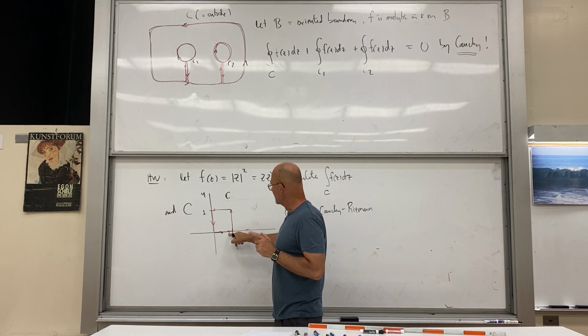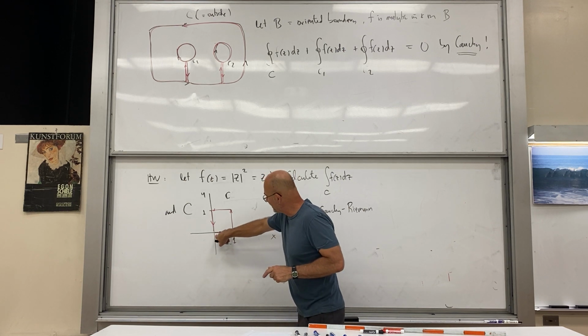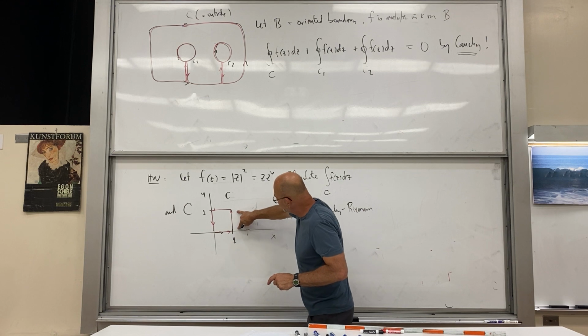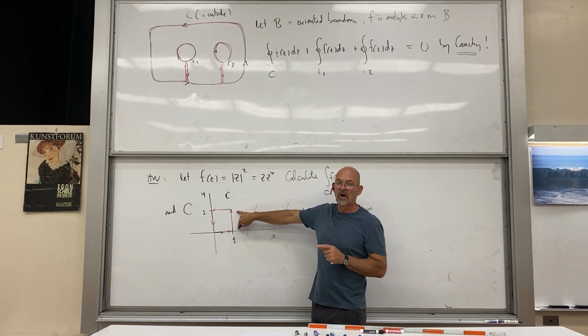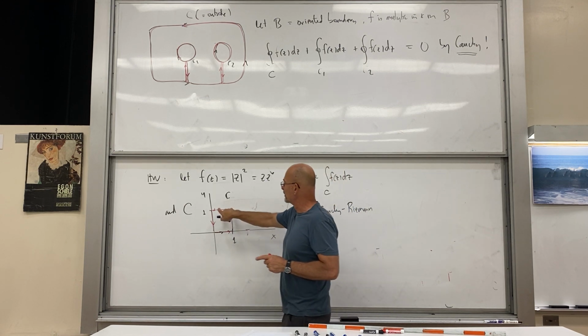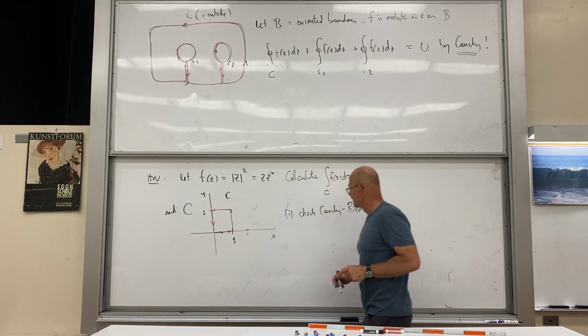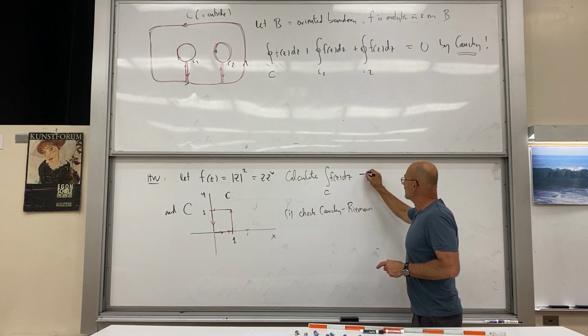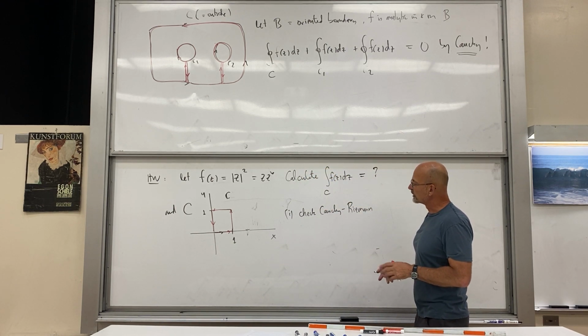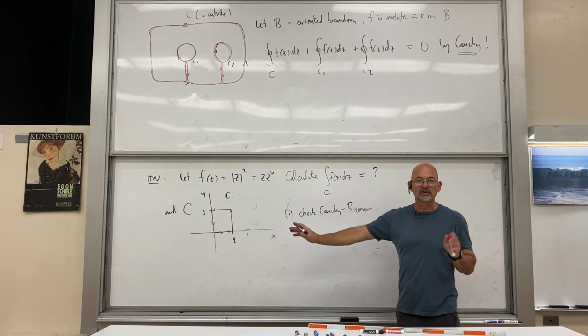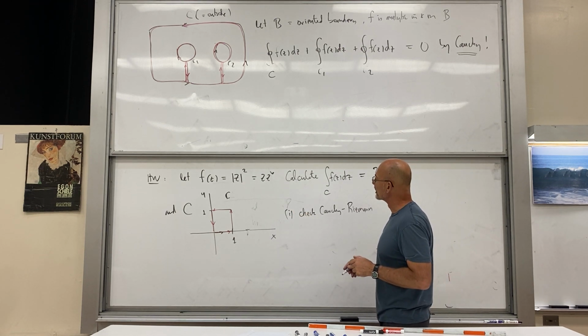I'll just make a note. Your dz is equal to dx right here. Here your dz is equal to i times dy. Okay. Here you're going in the opposite direction, and what's your dz here? Okay. And here as well. So that's just good for orienting yourself in the complex plane, how these things work.